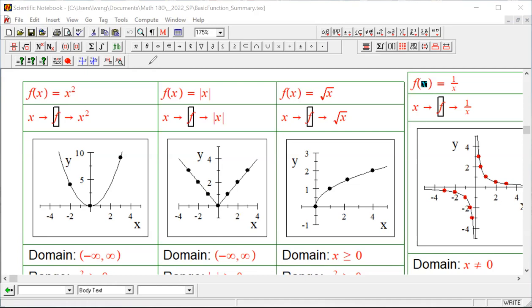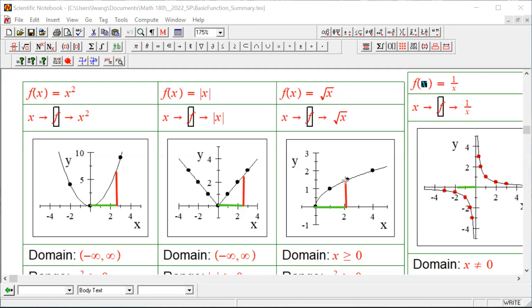Input is the horizontal measurement from the origin. Output is the vertical measurement from the origin.